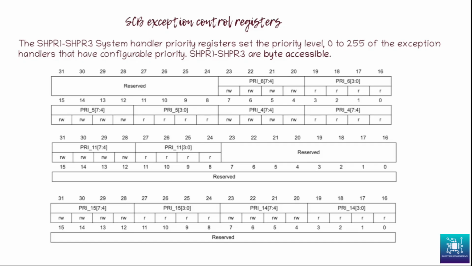In fact, in the NVIC space also, their respective priority registers are all byte accessible. Now, to understand these registers a bit more, let us go and have a look at the registers in the data sheet.